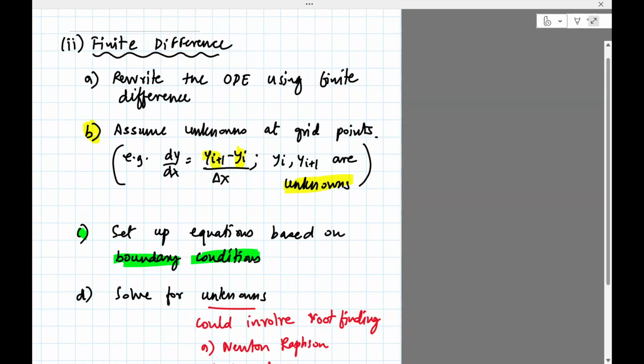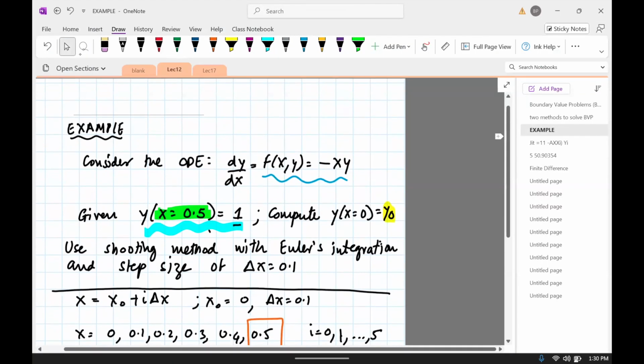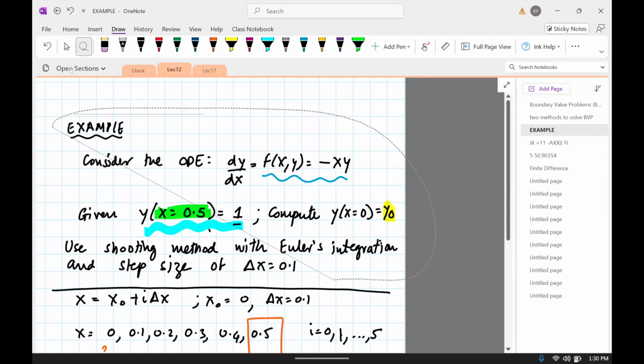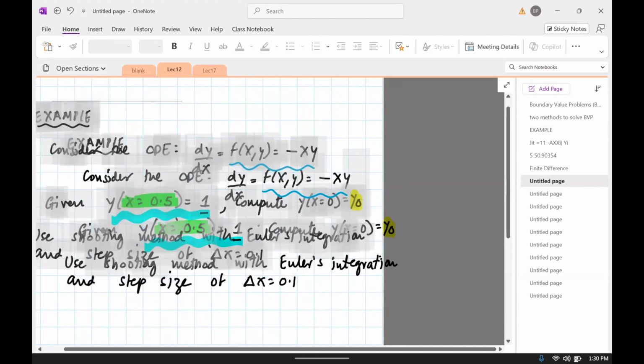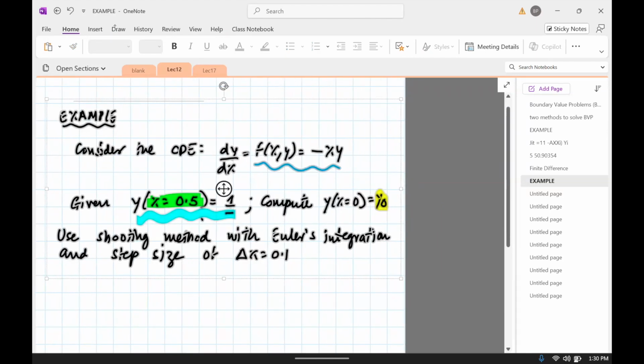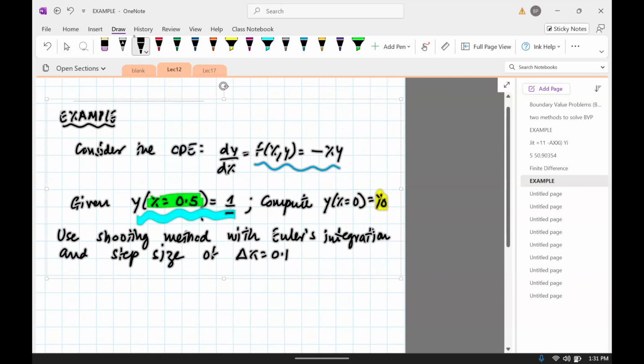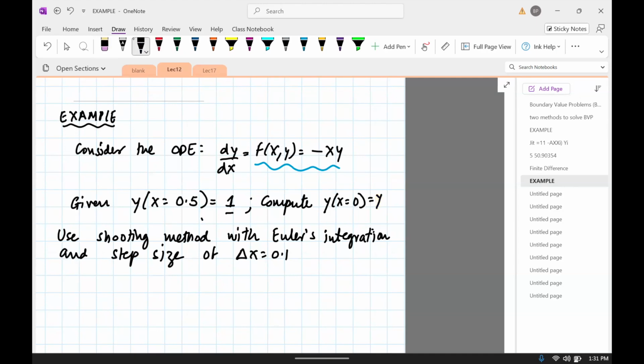Okay, so here we go. Let's do the same problem. If you want to write notes, then you can just say same problem, but solve using finite difference. That's the only change.